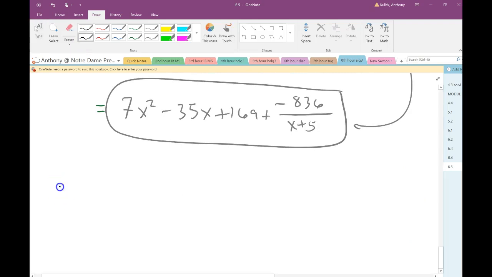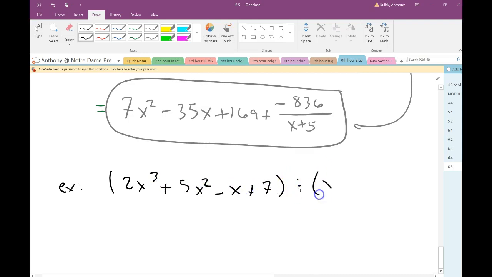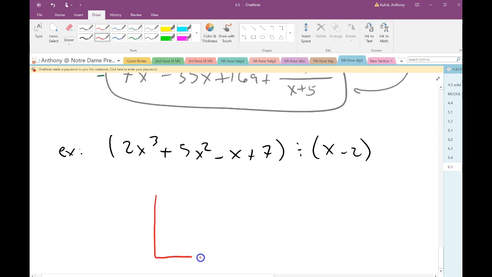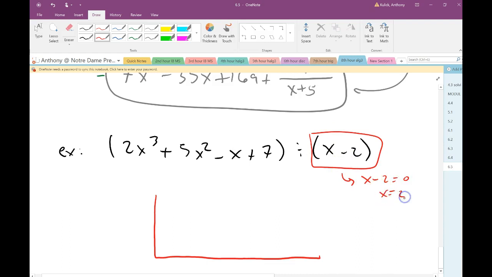Let's do that one more time. So let's say we have 2x cubed plus 5x squared minus x plus 7 divided by x minus 2. So how do I start? I'm going to draw my organizer, and I'm going to take this, set it equal to 0, and solve.